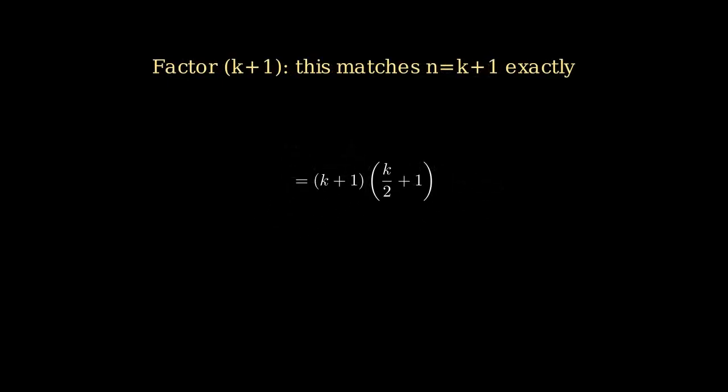This becomes (k plus 1) times (k divided by 2 plus 1), which simplifies to (k plus 1) times (k plus 2) divided by 2. That's exactly the original formula, evaluated at n equals k plus 1, so the proof is complete.